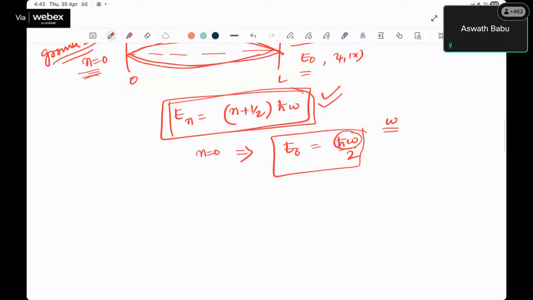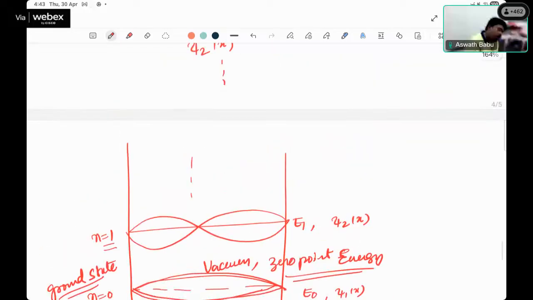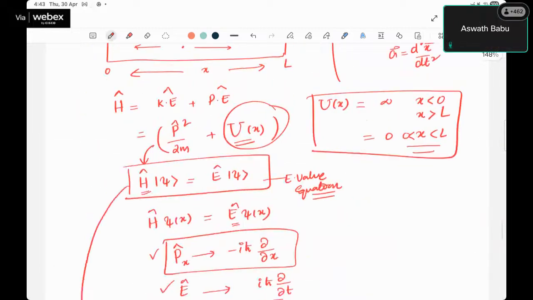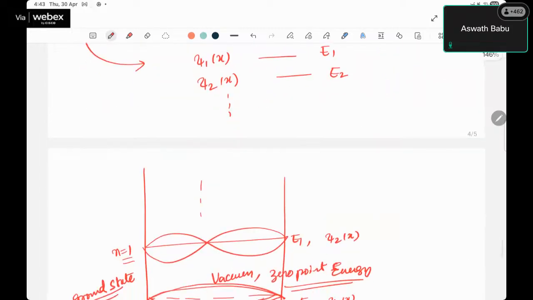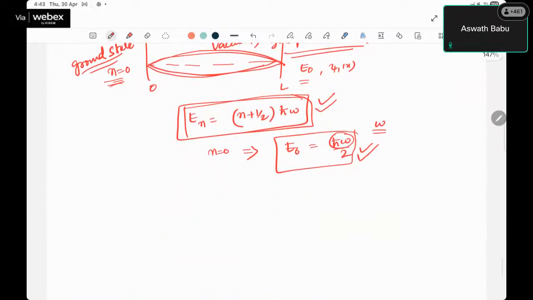So the noise is always more than h omega by 2. It means even if I reduce the temperature of this electron inside a box to absolute zero Kelvin, even in that case also, the system is going to have this much energy.